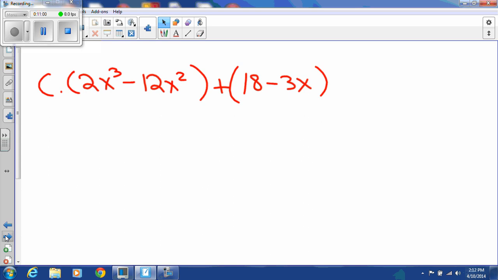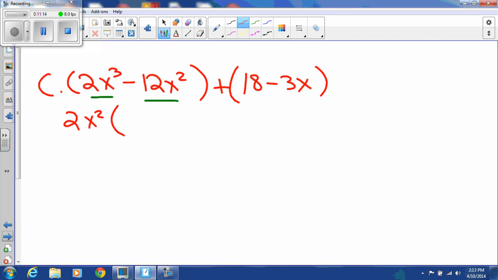Looking at the first 2 terms, I have 2x cubed and 12x squared. The greatest common factor of 2 and 12 is 2. The greatest common factor of x cubed and x squared is x squared. And I'm going to divide each term by 2x squared. 2x cubed divided by 2x squared is x, minus 12x squared divided by 2x squared. The x squared is canceled. I'm left with a 6.